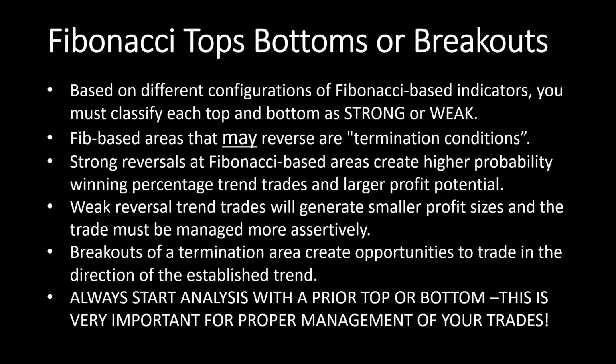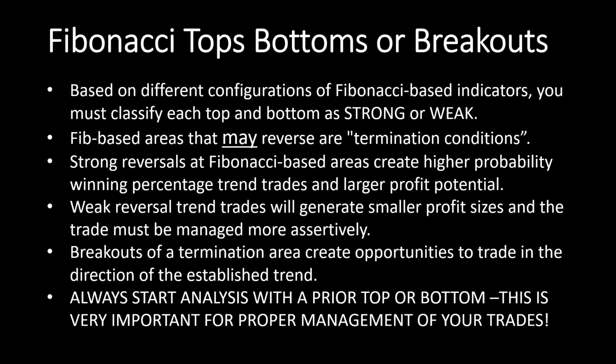Those areas are going to be called termination conditions. If one of those areas actually causes a strong reversal, then the market generally gives us a higher probability winning percentage on our trend trades, as well as a larger profit potential.